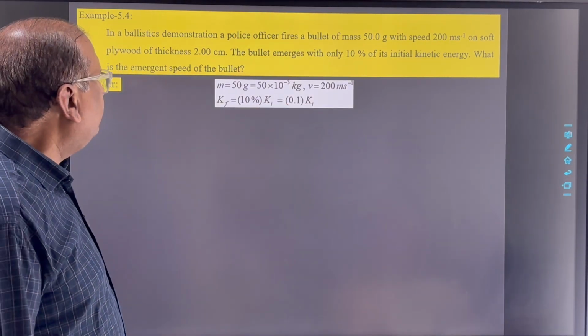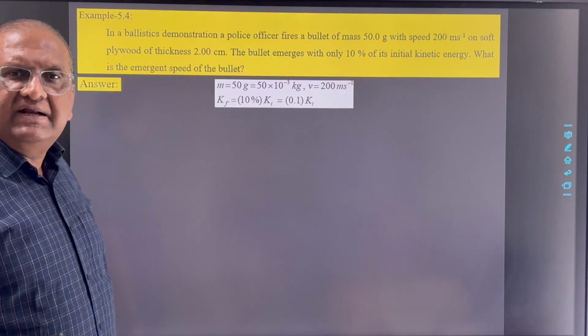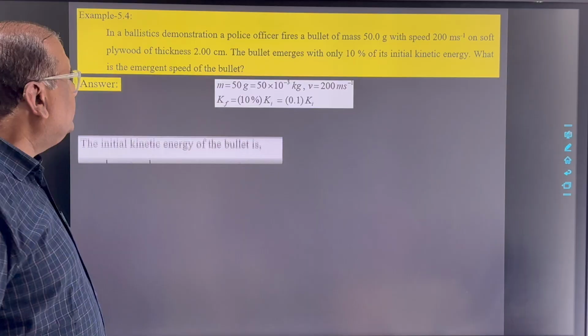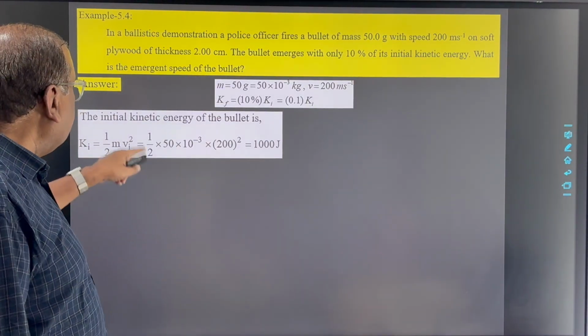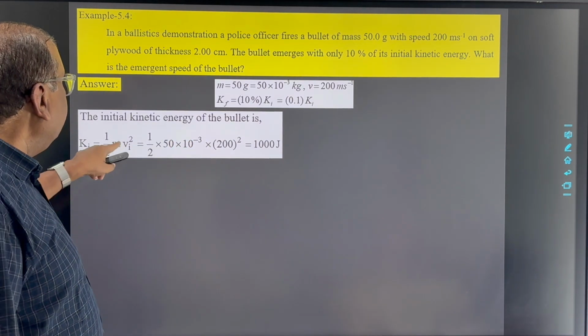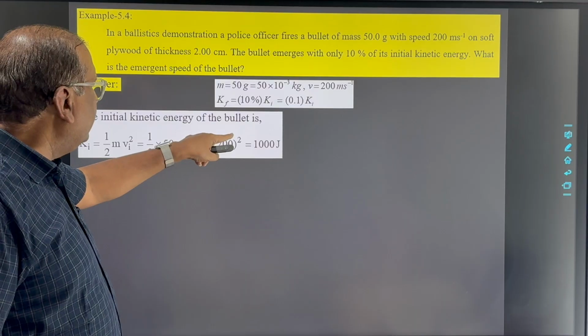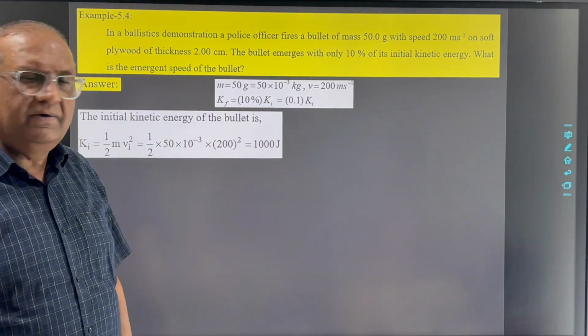So here first of all we have to calculate the initial kinetic energy. Initial kinetic energy is half m vi squared, half mass, that is 50 into 10 raised to minus 3, initial speed 200, take the square of it, and you will get the answer 1000 joule.